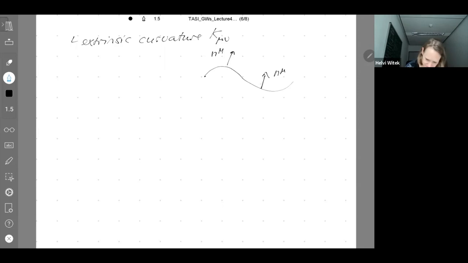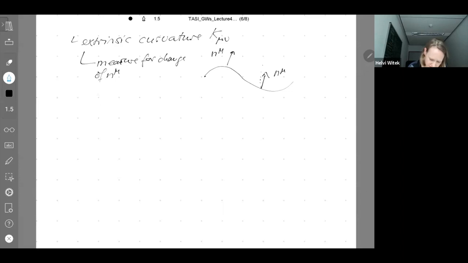My drawing again is not very good, but there could possibly be an angle between the original position. So the question is, how is that parallel transported? And the extrinsic curvature gives us a measure for the change of the direction of our normal vector.